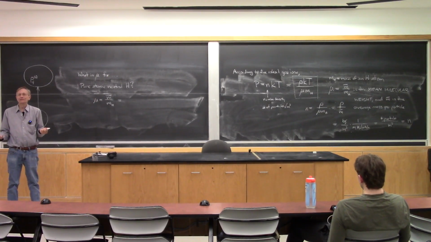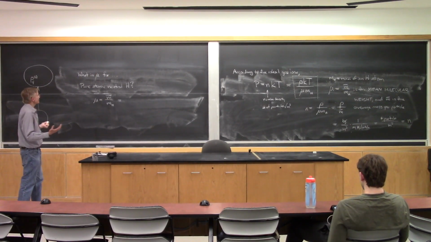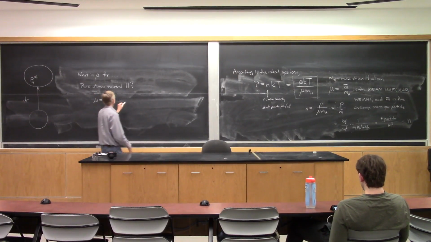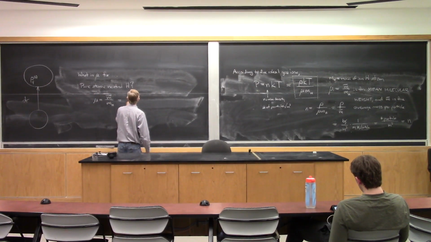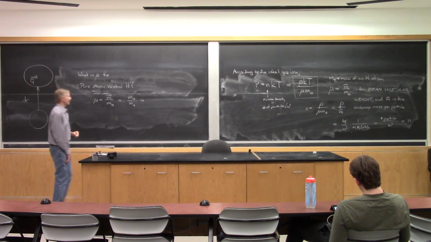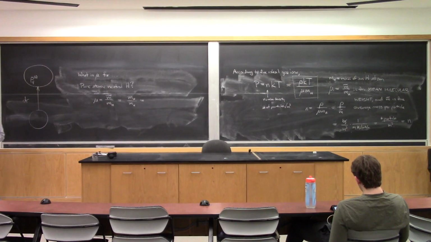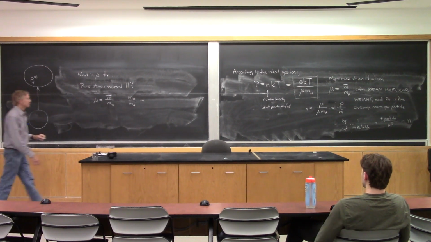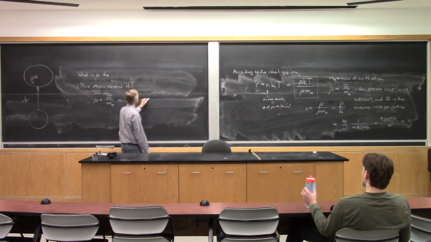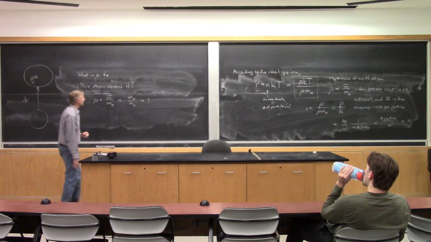It's the mass of a hydrogen atom. In this case, if everything's a hydrogen atom, then m bar is m_H, and we're going to divide that by m_H. The average mass per particle is m_H because it's hydrogen atoms. So what is mu in this case? 1. So mu is 1 for pure atomic neutral hydrogen.